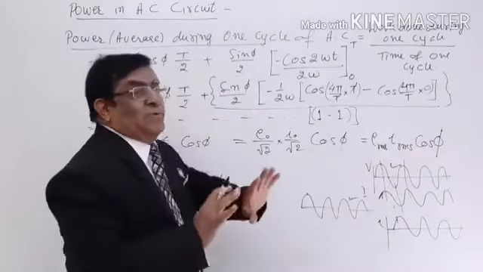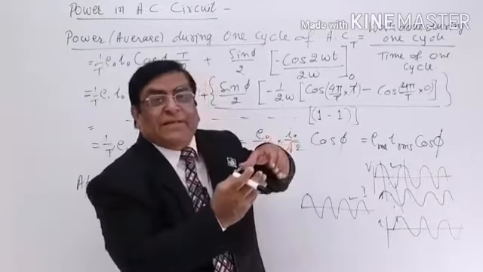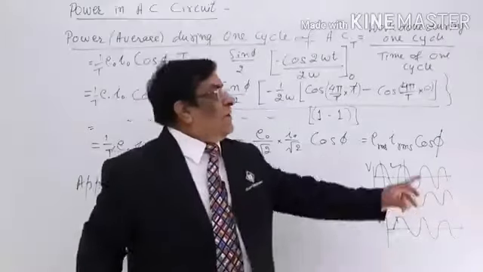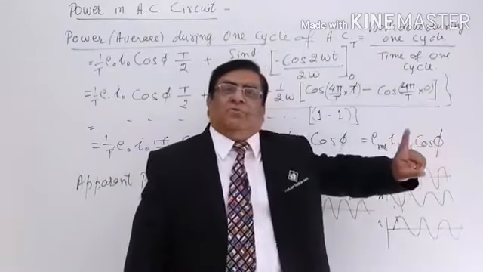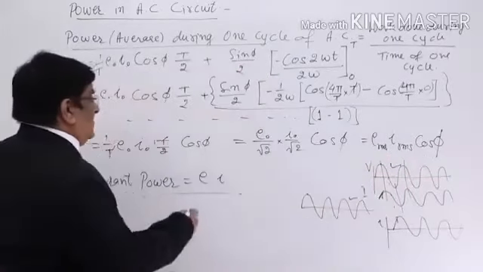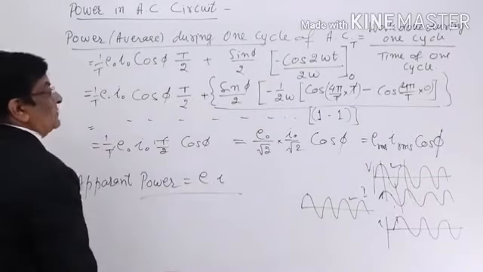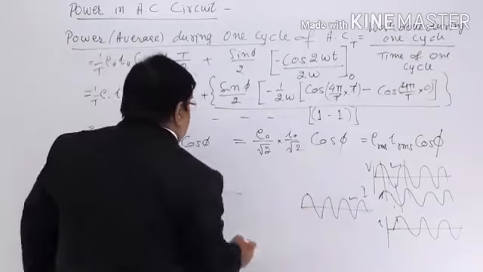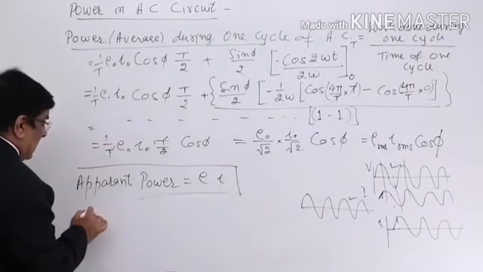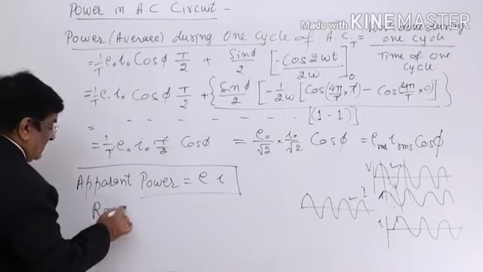If there is absolutely no difference between them, then the phase difference phi is 0 and cos 0 is equal to 1, and that gives us the full power.